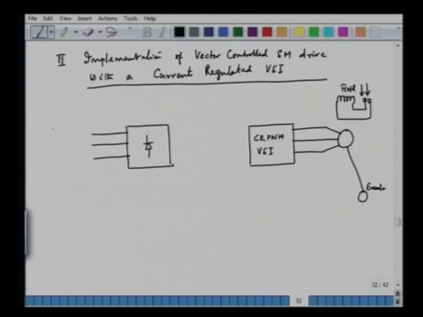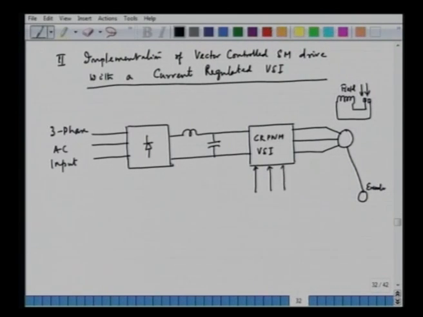So, we have 3-phase AC input, and then we have small filter here, small inductor and capacitor to filter out the ripples in the rectifier output, and what we feed to the current regulated PWM VSI are the 3 reference currents, IA star, IB star and IC star, and these are basically the actual currents here, IA, IB and IC.